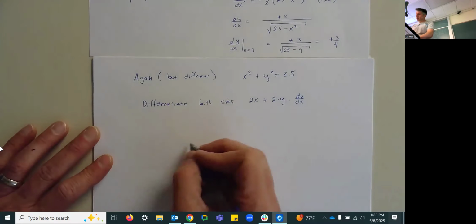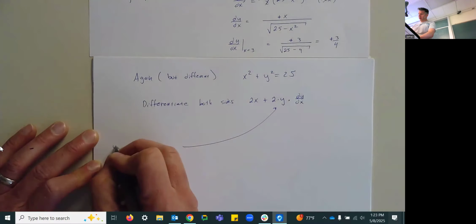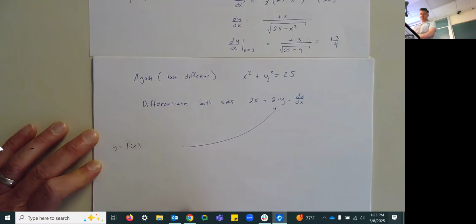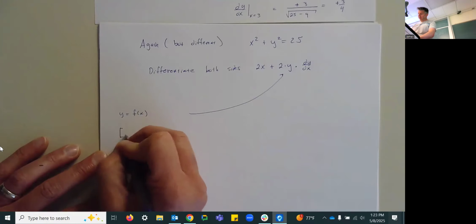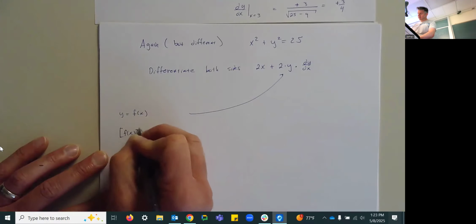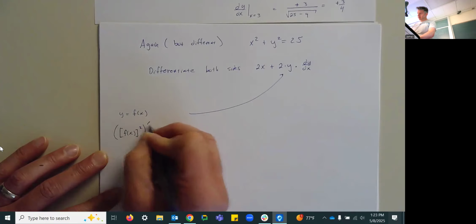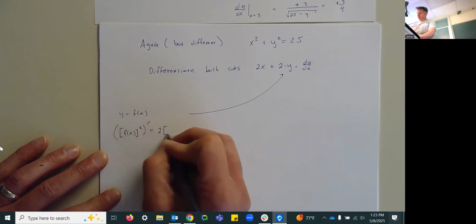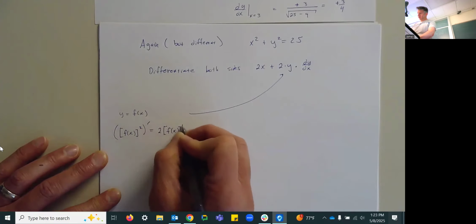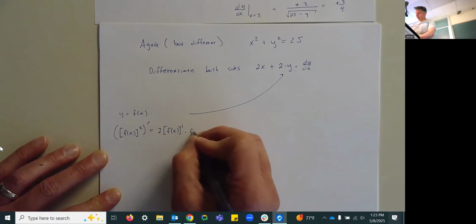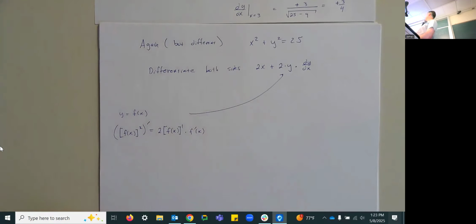Right here, we're imagining that y is equal to some function of x, and that the derivative of f of x squared is equal to 2 times f of x to the first power times the derivative of the inside stuff. We're just writing it in a simpler way.